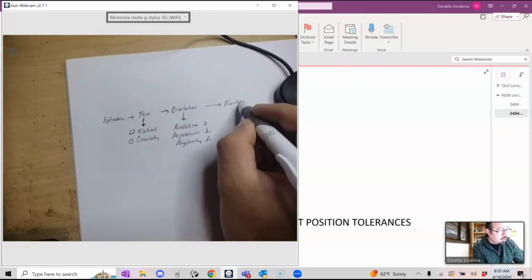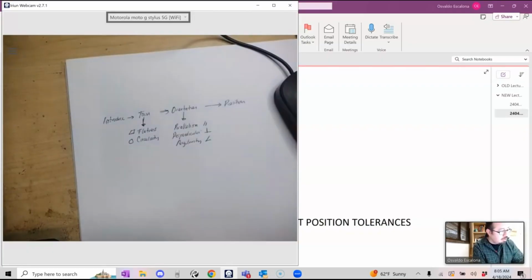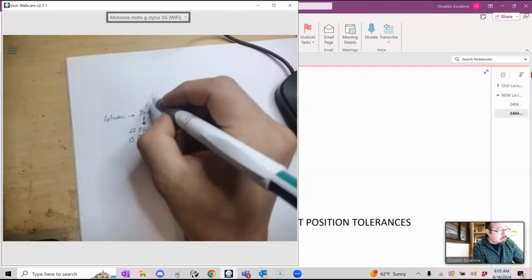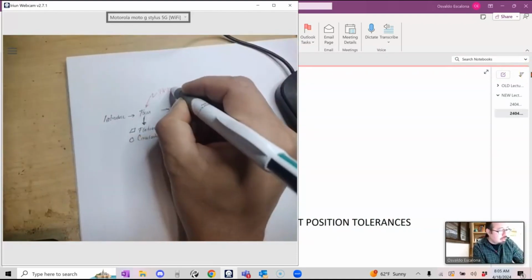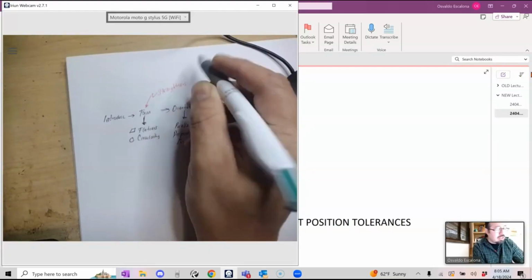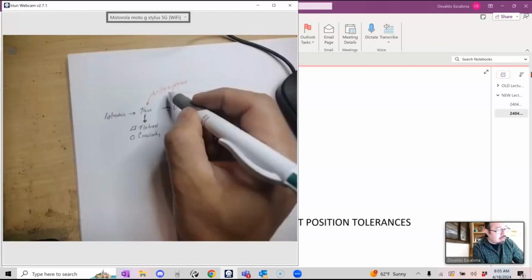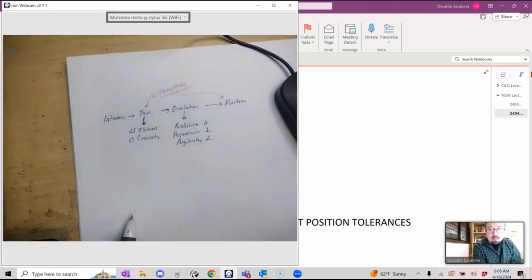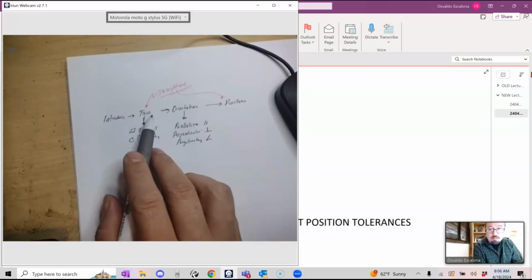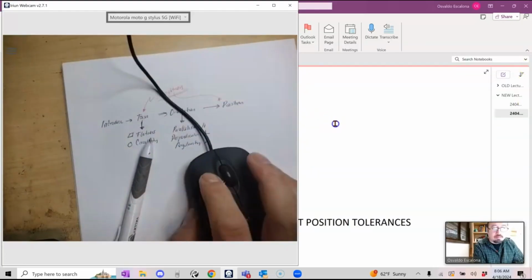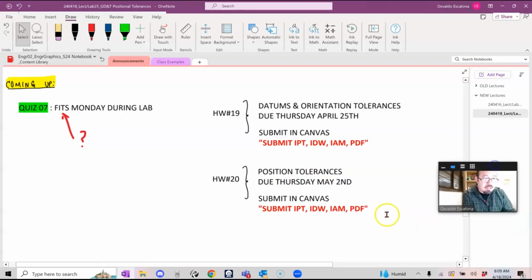But before we start into position, we have to go back into form, because I want to talk to you about straightness. Straightness is going to give us the tools to then start talking about position. This is a type of form GD&T symbol, and it will give us the knowledge to understand position. Okay, so let's start.